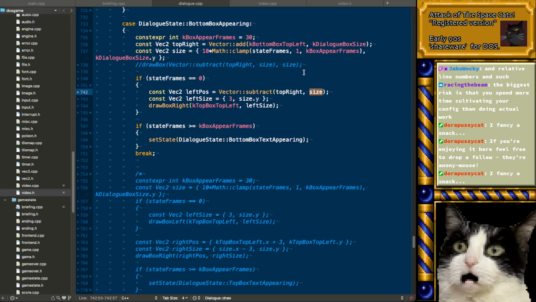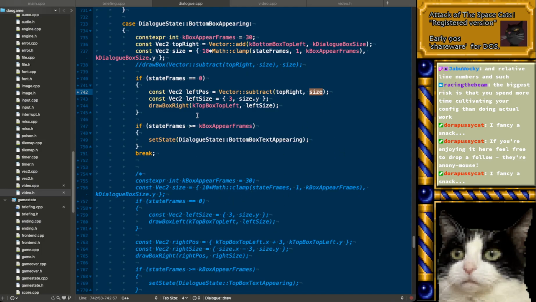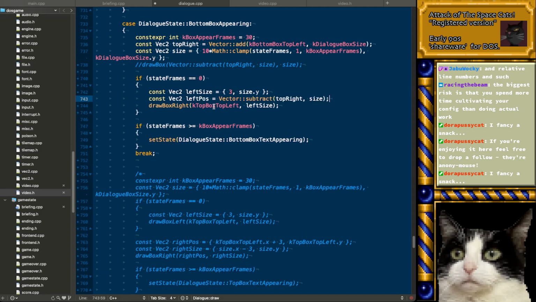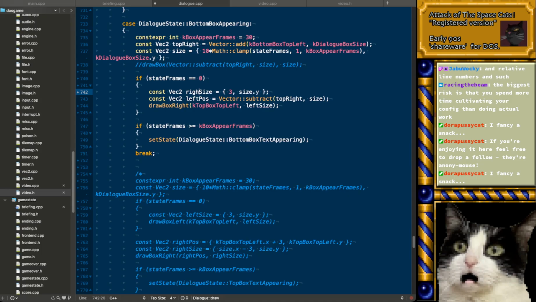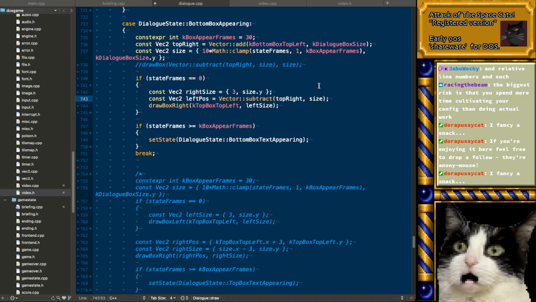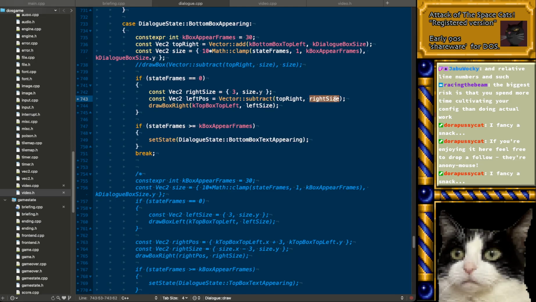How are we dealing with? Yeah, size is just 3. What am I doing? Let's subtract what size is that right? We're subtracting. That's not right. Yeah, okay, no, screw that.